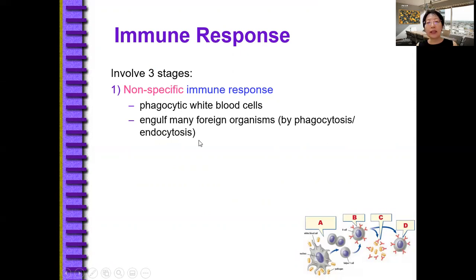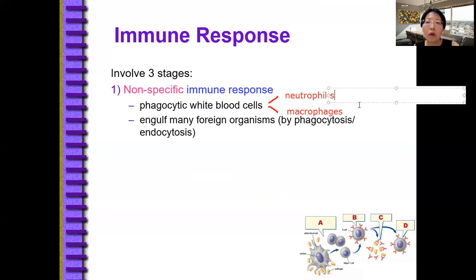So as long as the organism or the cell is foreign, our phagocytic white blood cells will go and engulf them by phagocytosis. We've got 2 types of white blood cells that you have learned that will do this task, which are neutrophils as well as macrophages. So both of them will phagocytose the foreign cells in our body.